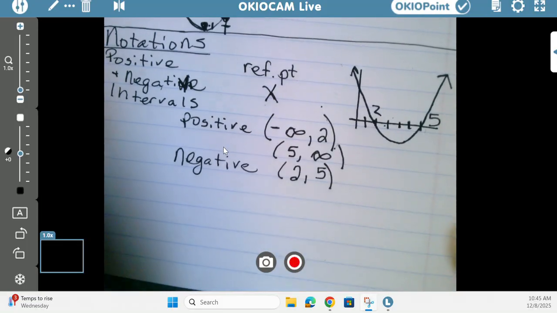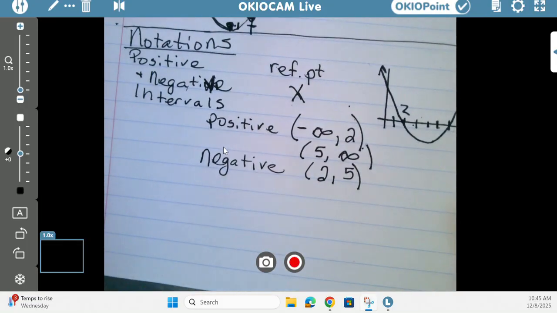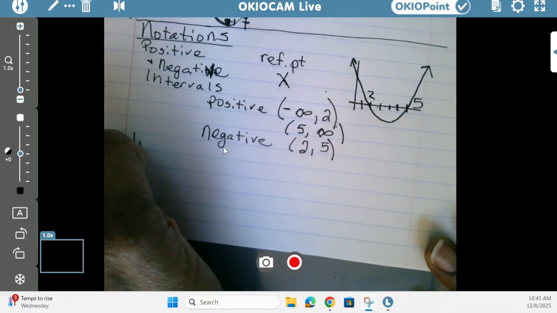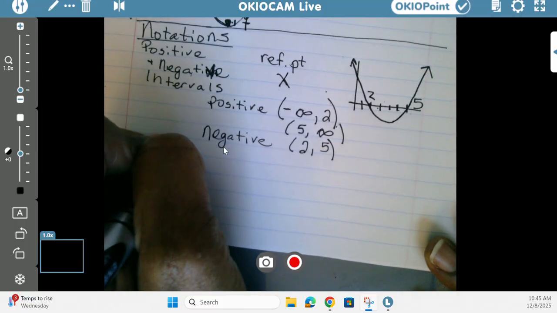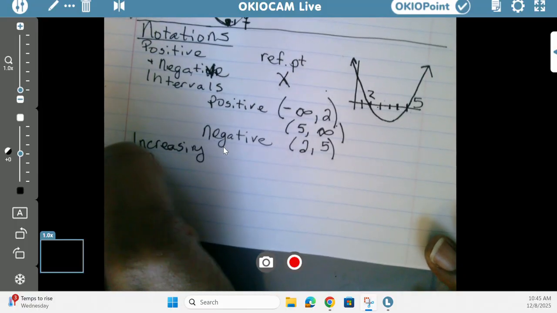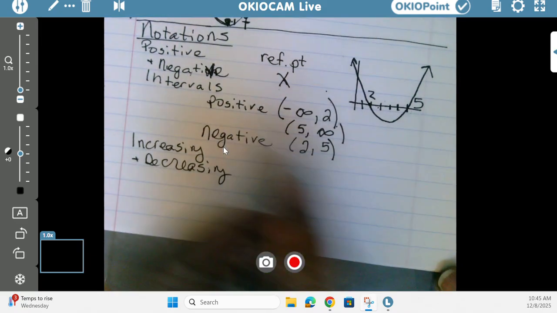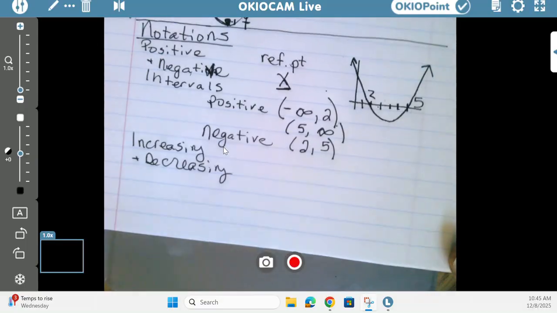The next thing we need to talk about on our handy dandy notations are increasing and decreasing. Okay, reference point, x.